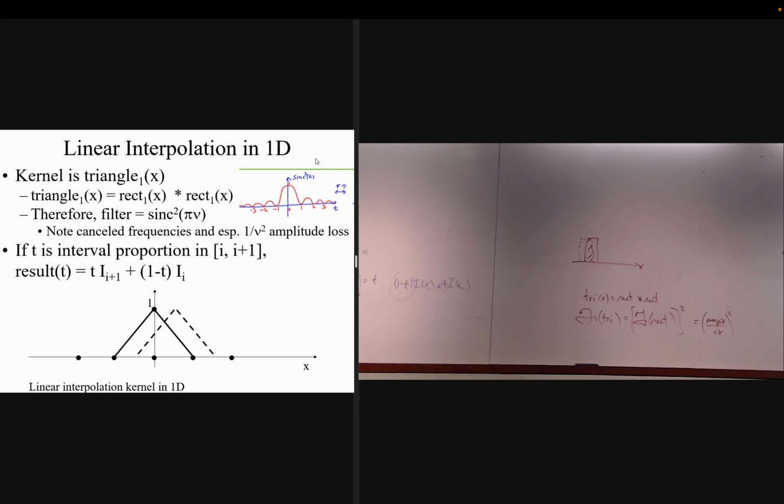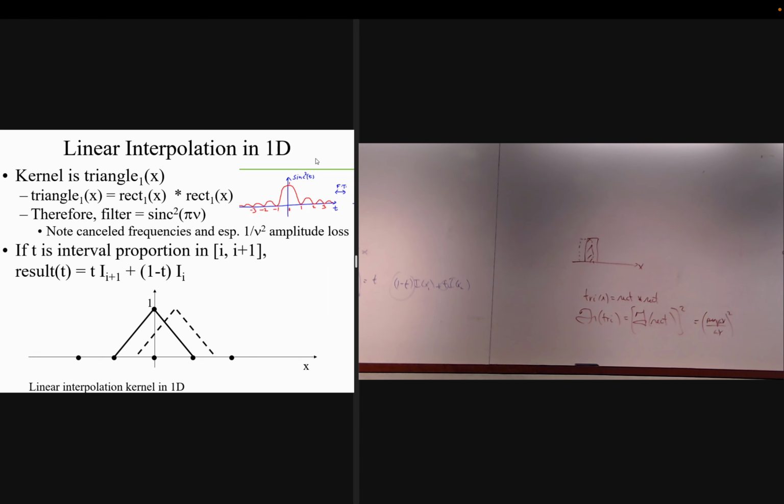It's making the coefficients at higher frequencies lower by a factor proportional to 1 over nu squared. So now we understand that linear interpolation is something you can do, but when you do it, you are having these effects.